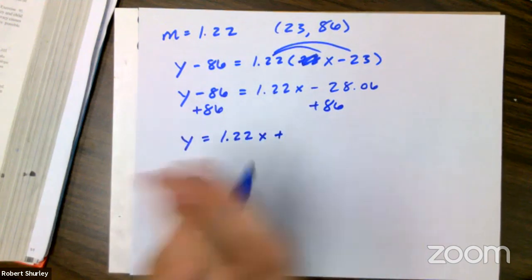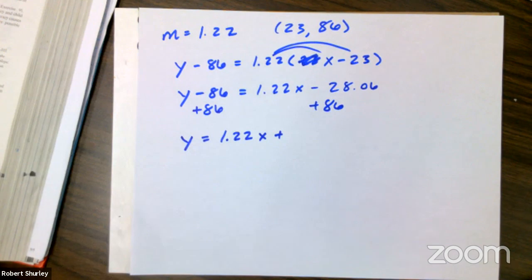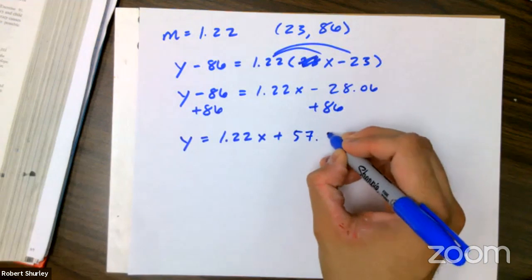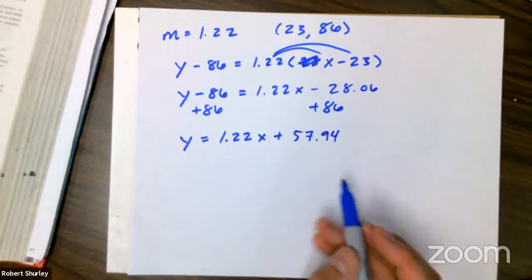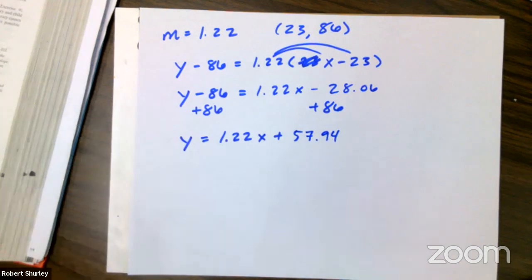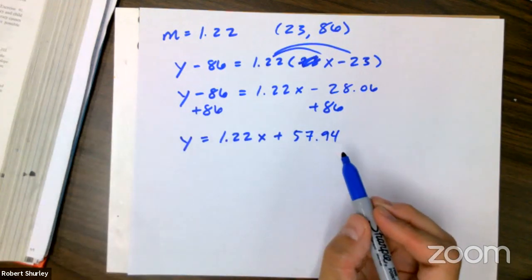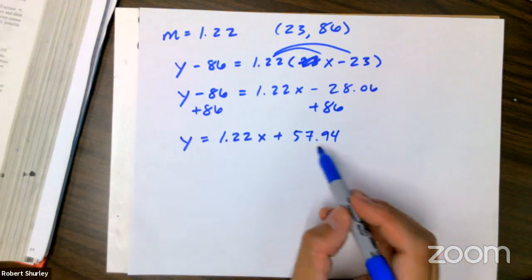So 1.22x plus, now add 86 to that. 86 minus 28.06 would be 57.94. If you look back at your graph that you drew that line on, does it look like it crosses about at 58? Mine does. It crosses close to 58.